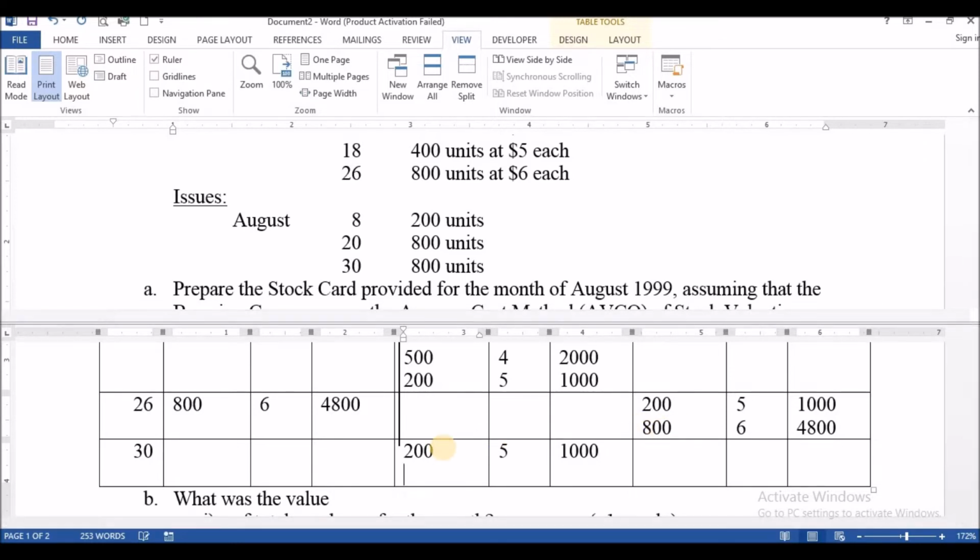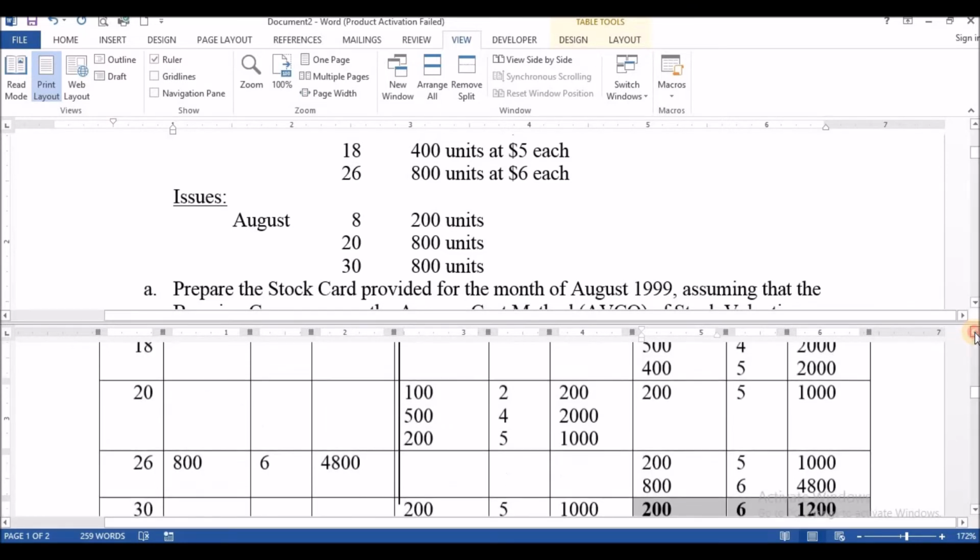So we're going to have 600 at $6, 6 6's 36, so that's 3,600. So our closing stock will now be 200, that's 600 from 800, 200 at $6, which is $1,200. So using the FIFO method, our closing stock would be $1,200, and that's FIFO.